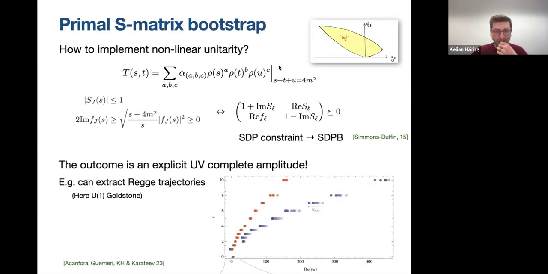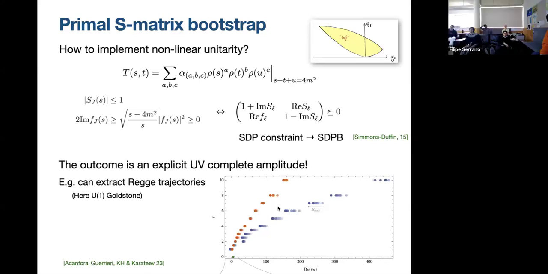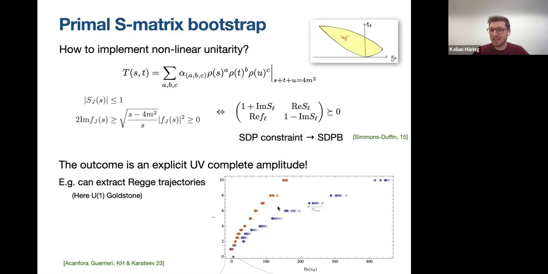For example, in this work we did last year with Dennis, Andrea, and Francesca, this was for massless particles. We extracted resonances, and then we did an analytic continuation in spin and extracted the full Regge trajectories. So here you see the leading and subleading trajectories in red, orange, and blue.